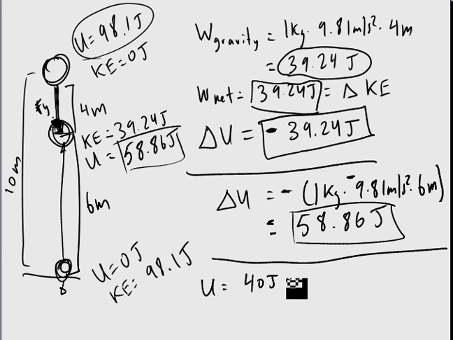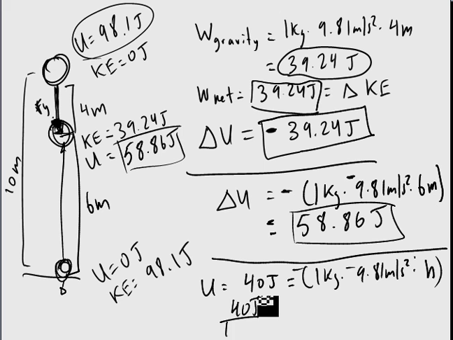Which is just like saying 1 kilogram times 9.81 meters per second squared times h, right? So at what height do I have to lift it to get 40 joules? You'll see what I did here is there are two negative signs in here, and I just canceled them out and made them a positive. So if you just divide 40 joules by 1 kilogram times 9.81 meters per second squared, you're going to get the height, 4.1 meters.